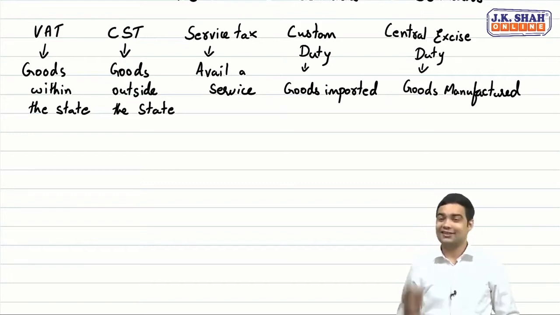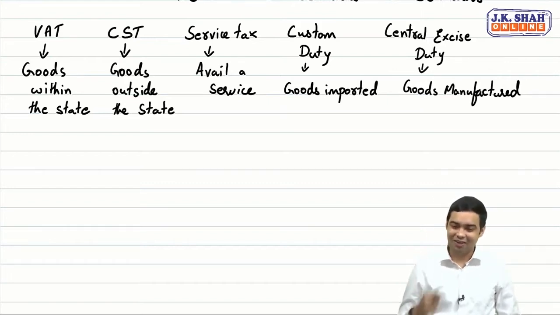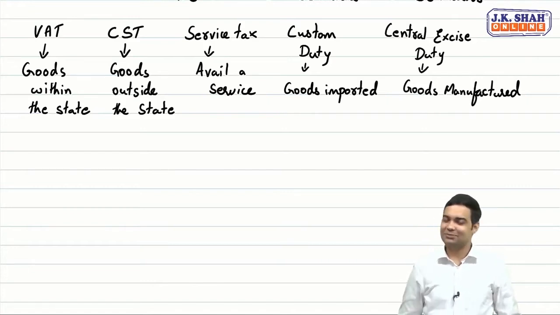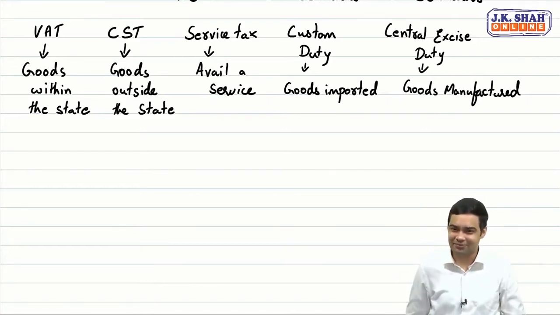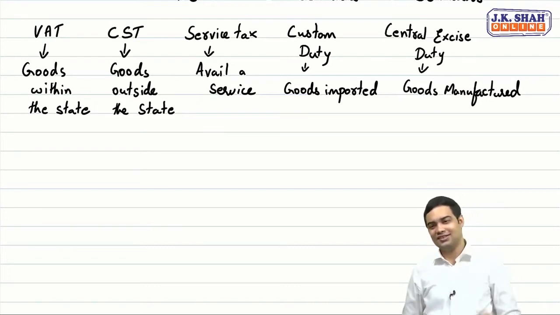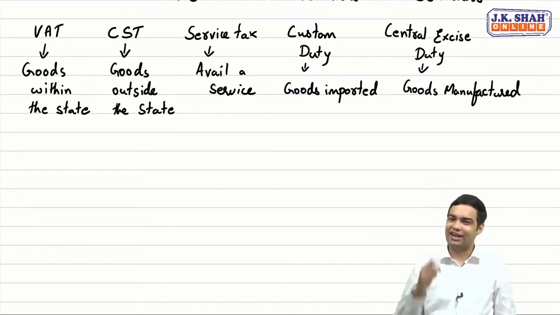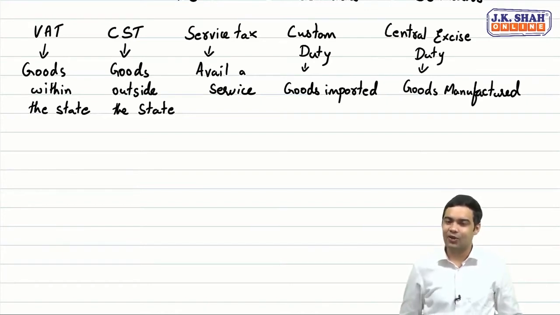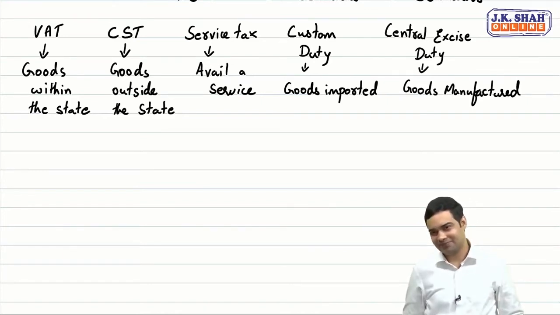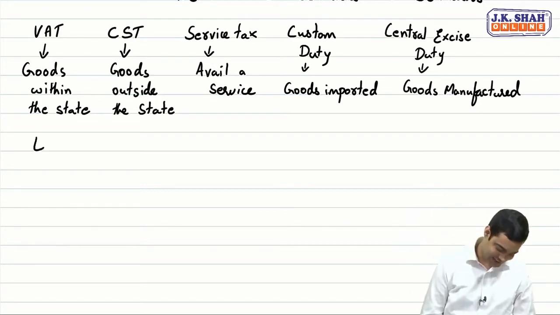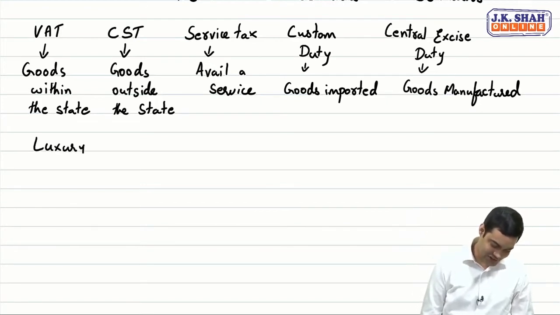Now, after some time, his business started doing really well. And when business does well and he has a good amount of profits, he started traveling. Now he went for a vacation. When he went for a vacation, he came across a tax known as luxury tax, which was charged by the hotel.